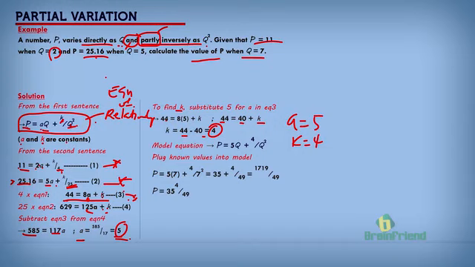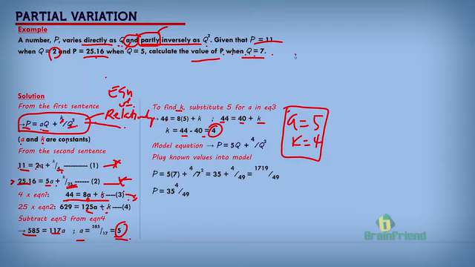We can go ahead to use all that we know to find what we require. Calculate the value of P when Q is 7. We can input these values into our original equation to form a model equation.